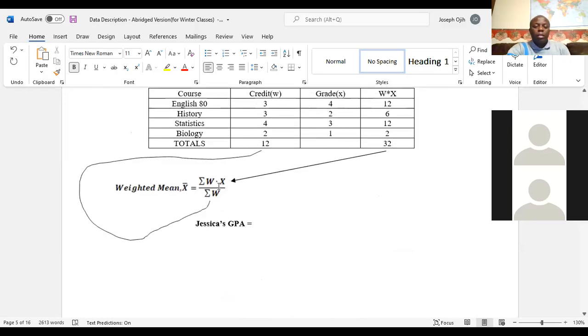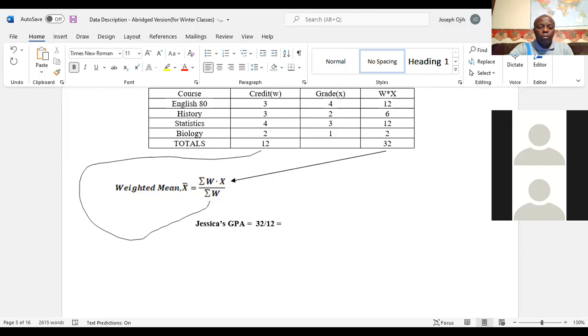So it becomes this number here, this sum of W times X, which is 32 over 12. And that gives us 32 divided by 12.